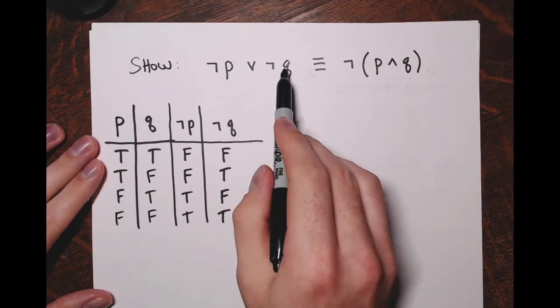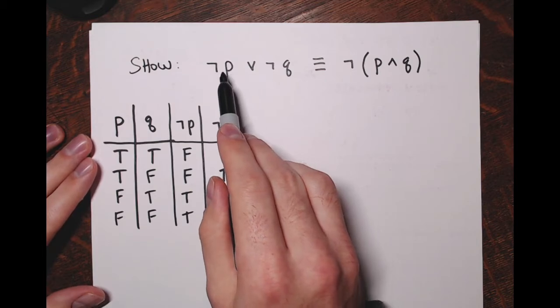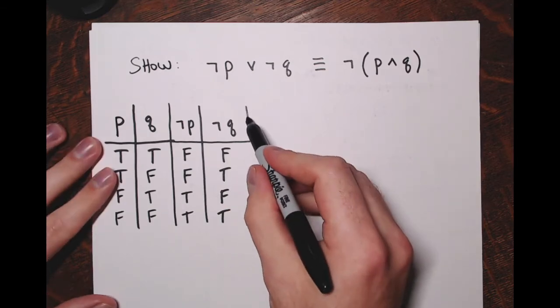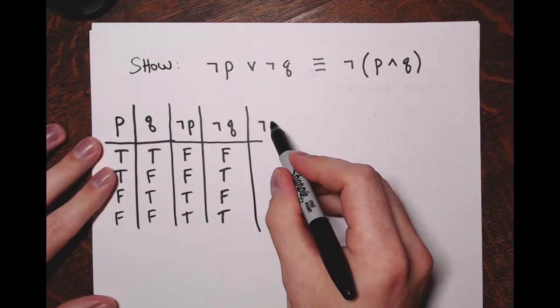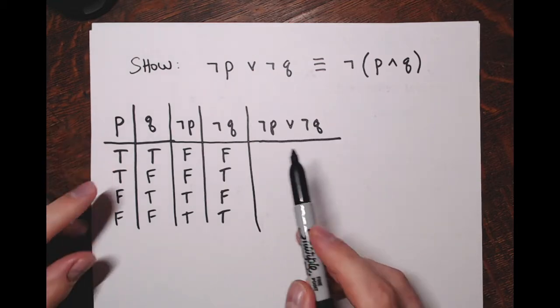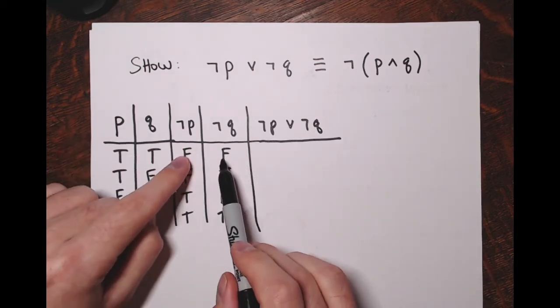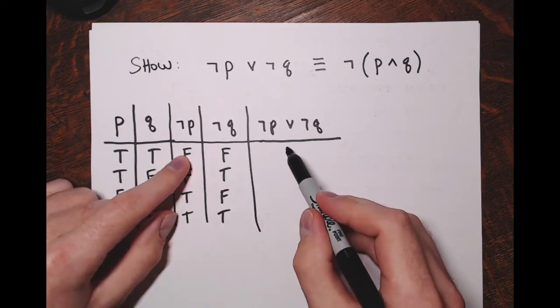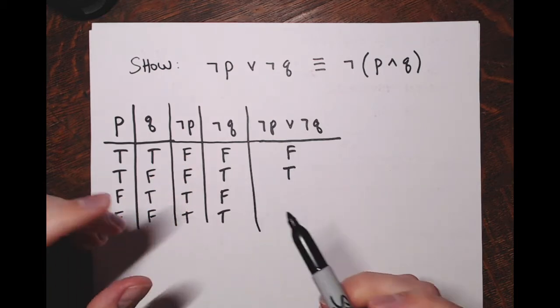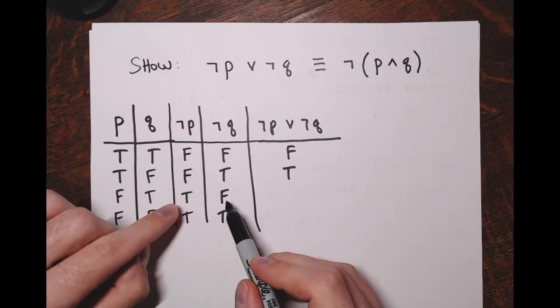And then I'll keep making this statement on the left here. Now we have not P, we have not Q. Let's make the disjunction now, not P or not Q. So another column, not P or not Q. And I'm just looking at these two columns here. So false or false, false. False or true, true, right? If at least one of them is true, it's true.